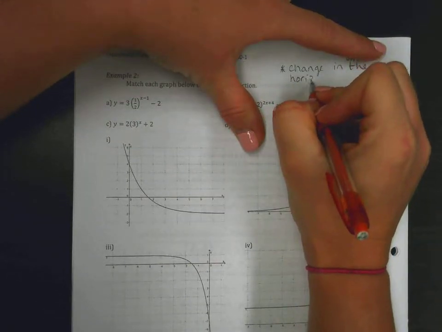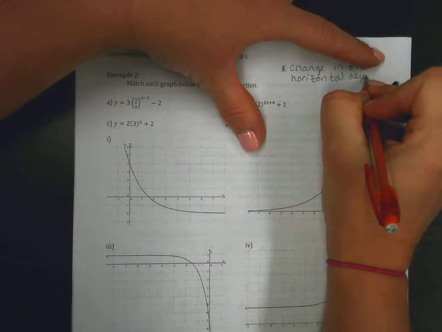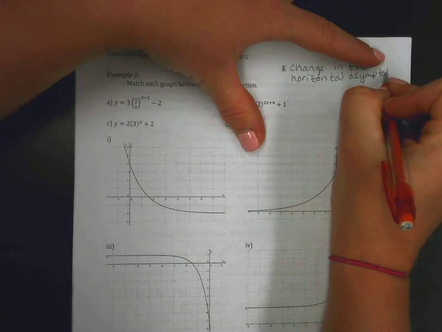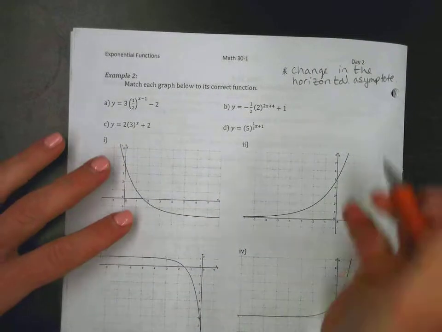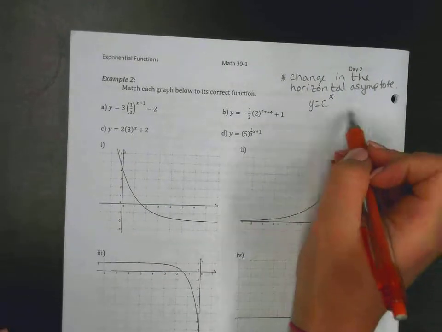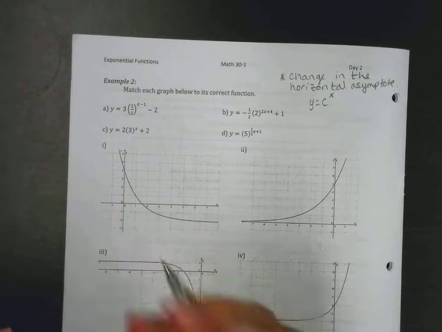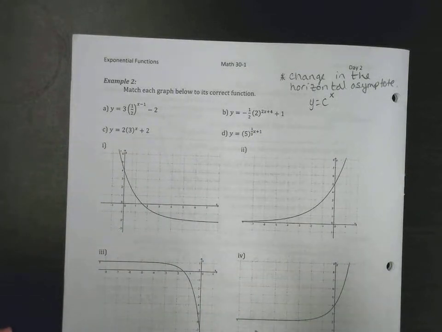And normally with our function y equals just c to the power of x, our horizontal asymptote would always be the x-axis. Well, we have to think about, well, what's going to change that? What value will change the horizontal asymptote? And that is the movement of moving the graph physically up or down, which is our k value.